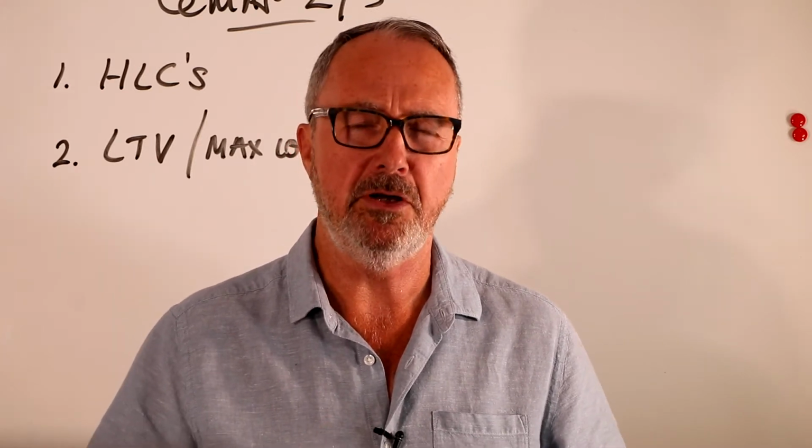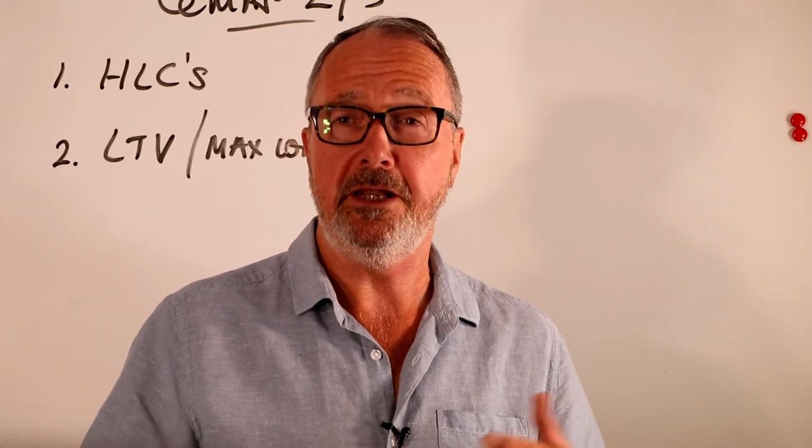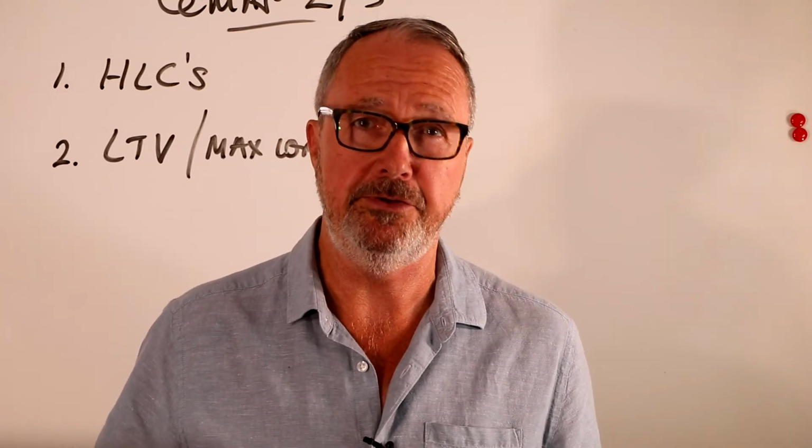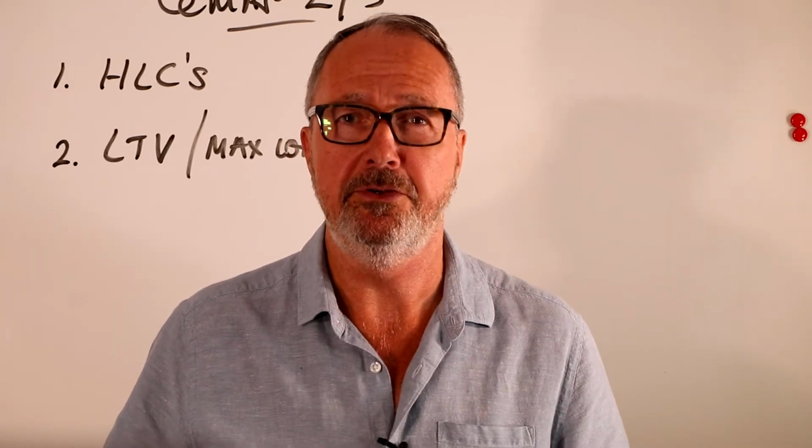But the loan to value percentage is really important when it comes to lending. High LTVs offer high interest rates, low LTVs are more readily available, much better business for lenders, much lower interest rates. So in CeMAP 3 you might have a list of products that you have to recommend, and each one is geared around a loan to value calculation. So you do need to know about that, of course you do. So that's number 2 there.